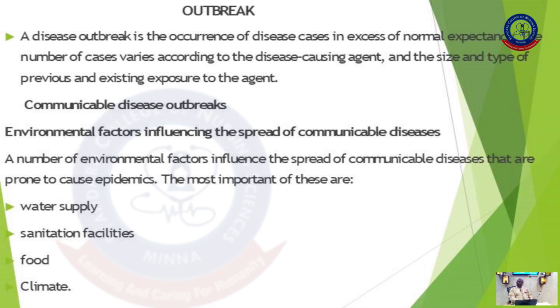Then we have the climatic factor. For example, heat. When there is no space, or we live in clusters, we can easily inhale each other's breath due to shortage of oxygen or ventilation around us.